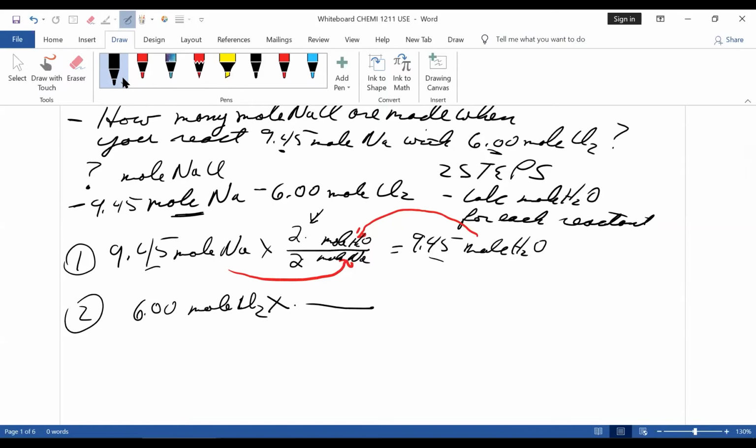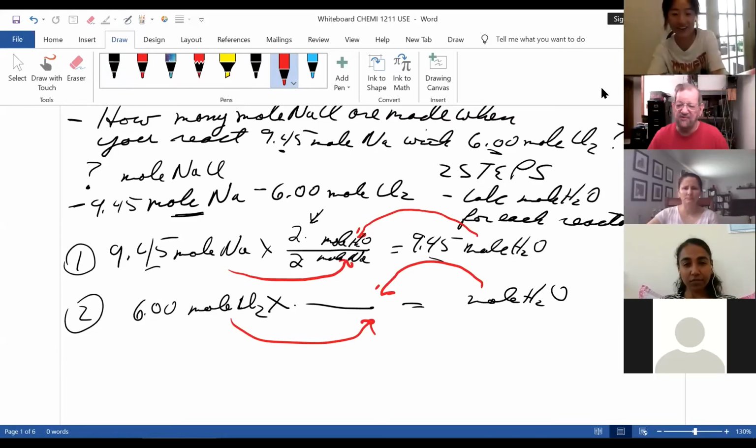Times something. What do we want to get to? Moles of water. Again, using your good friend, unit analysis, whatever we're trying to get to goes on top of the ratio. Whatever we're trying to get rid of goes underneath. Thumbs up, people. Can you see the screen with me working? Thank you.